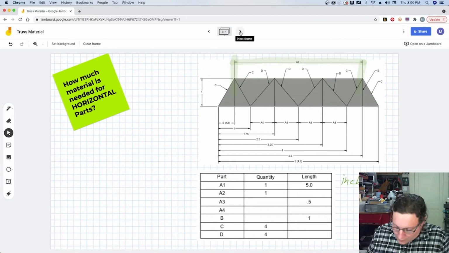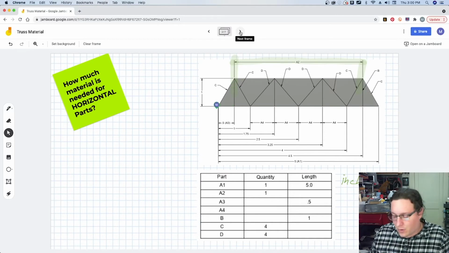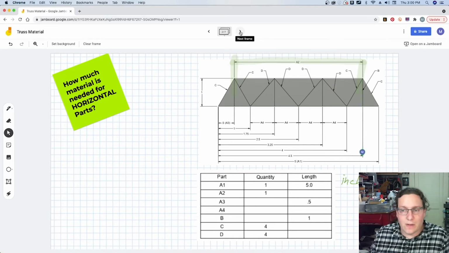But what we do have are a couple of measurements we can use. We know how far the first vertical line is from the leftmost point on this drawing, and we can see that we know where the second vertical line, the last one, is.